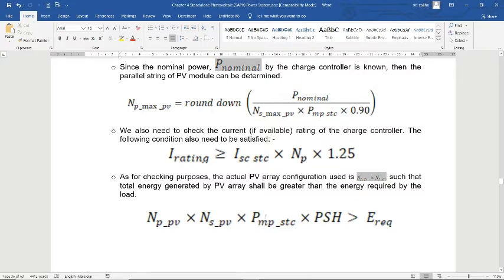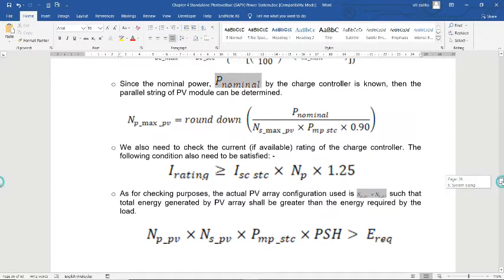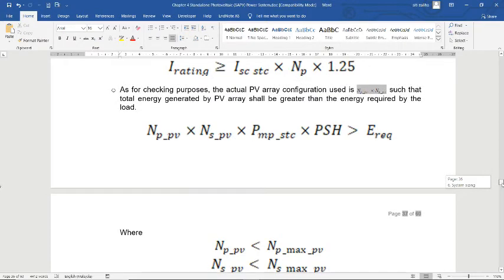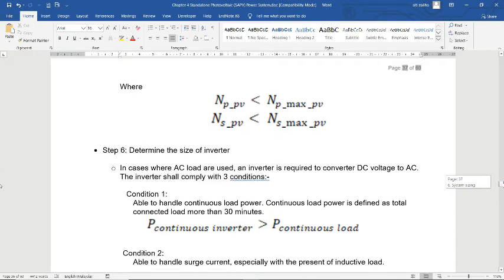From all this equation, you need to multiply with PMPSTC of the PV module. This you get from the datasheet of PV module. Multiply with peak sun hour for that location daily should be greater than energy required by the load. So you need to check, it should be greater than energy required, for the good design.